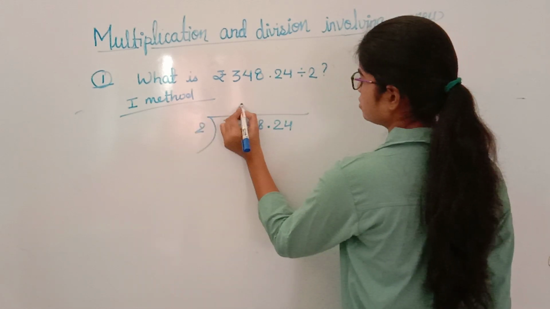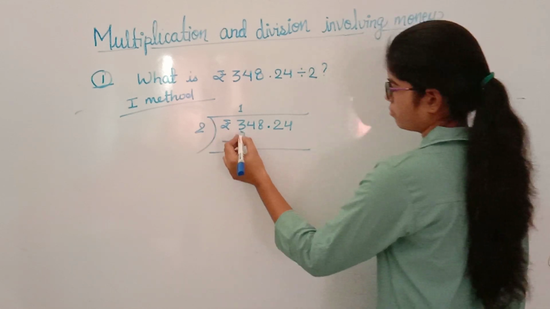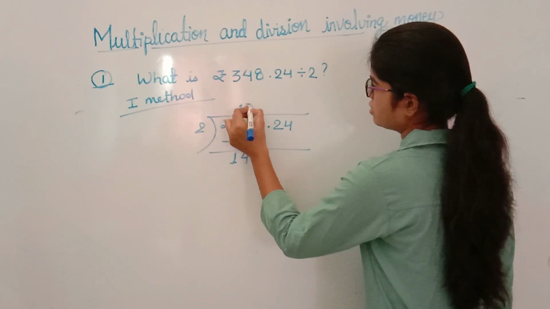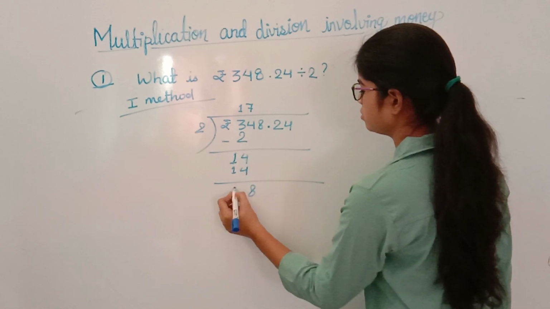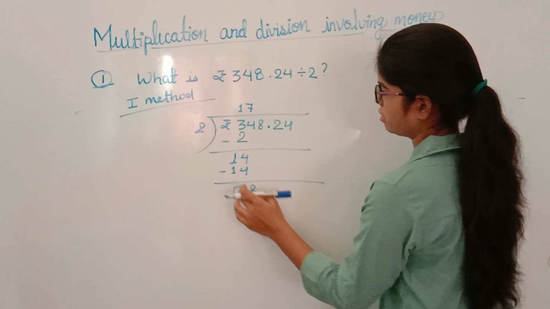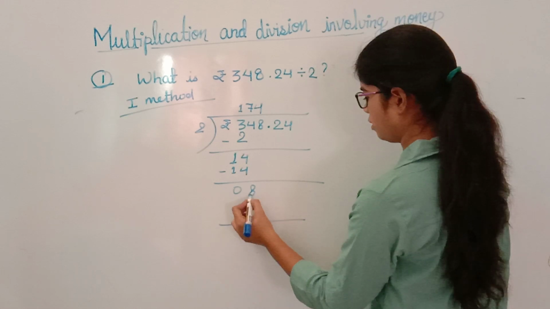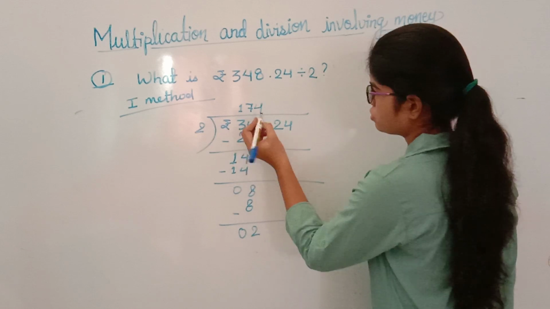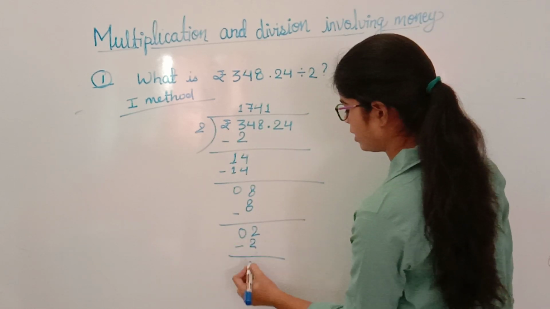2 1s are 2, subtract: 3 minus 2 is 1. Then this 4 comes here. 2 7s are 14, remaining 0. Then this 8 comes here. 2 4s are 8. 8 minus 8 is 0, and then 2. 2 1s are 2. 2 minus 2 is 0.